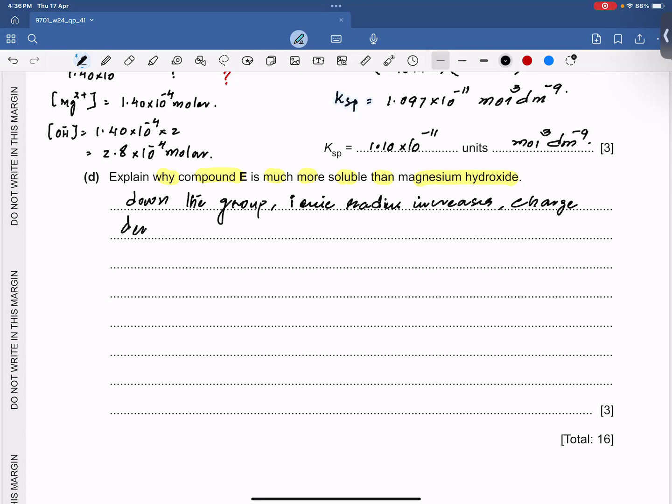Charge density decreases. Both hydration enthalpy and lattice energy decrease.